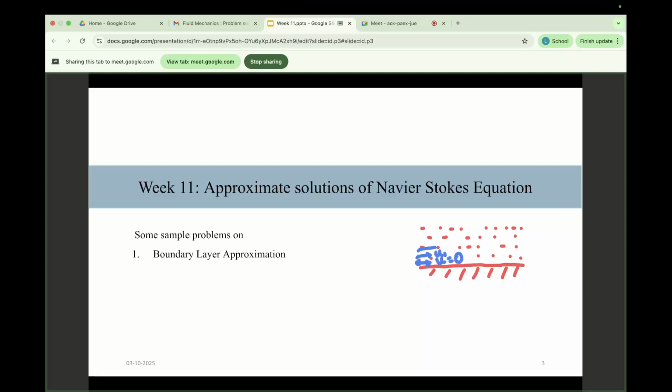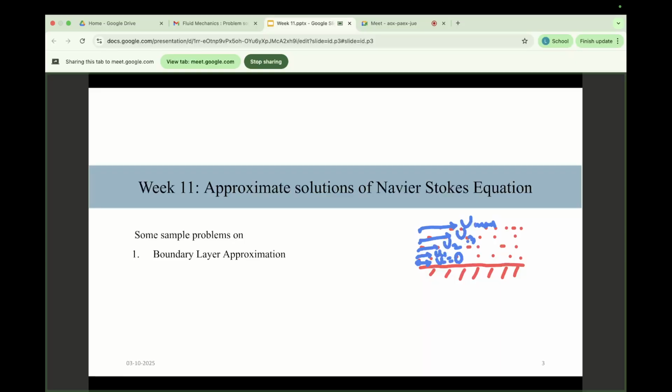As you move further, its velocity is much more. Like that, its velocity will increase until this layer, where it is the free stream velocity, u max. So from 0 to u max, it is steadily increasing.